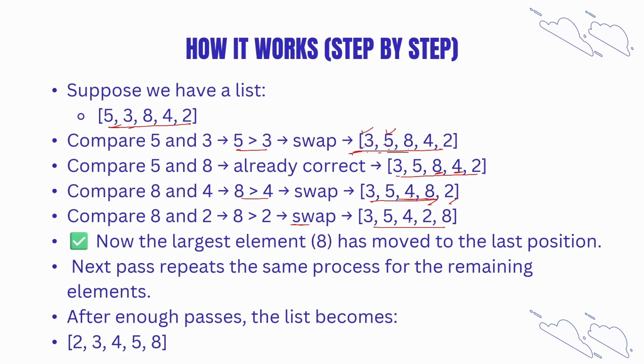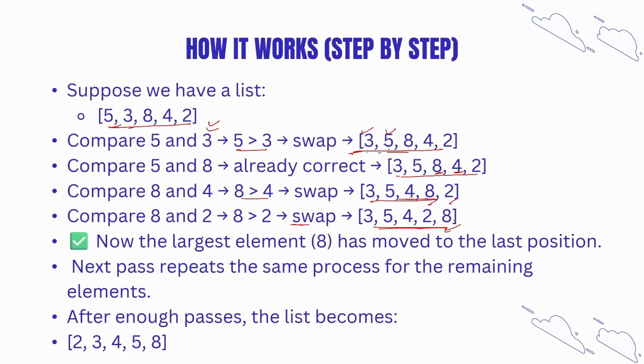After the first cycle, see, when we started this was our list, 5, 3, 8, 4, 2, and 8 was the largest number. After the first cycle, our list has become 3, 5, 4, 2, 8, and 8 has come at the correct position, which is the last position of the list.